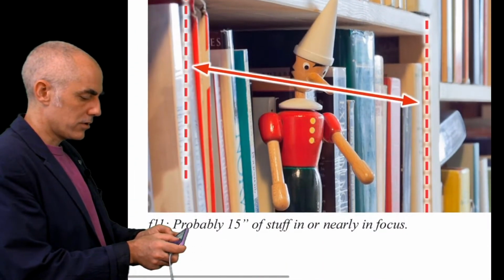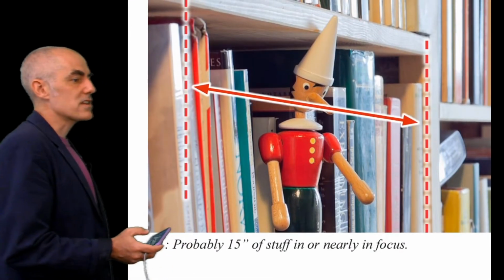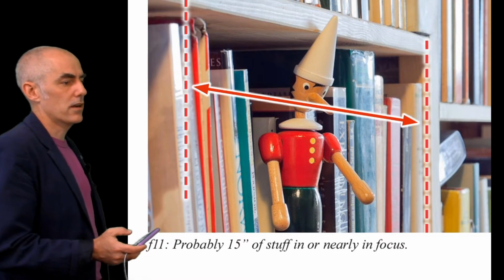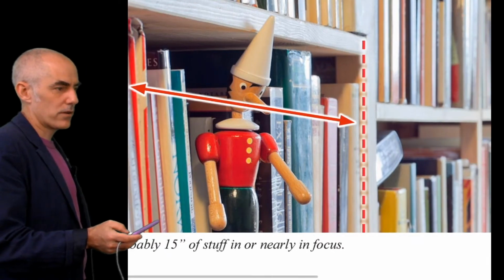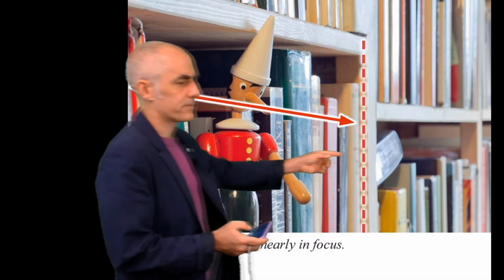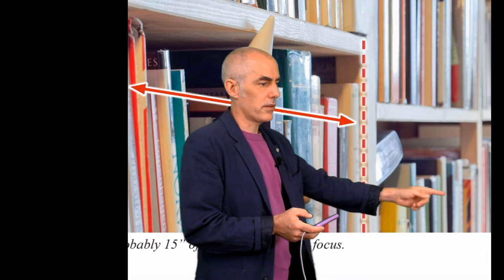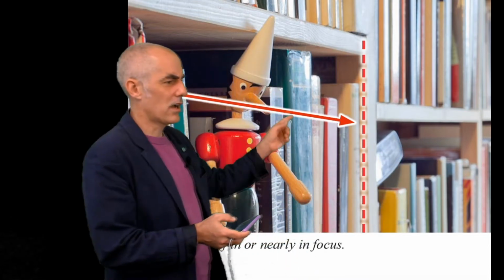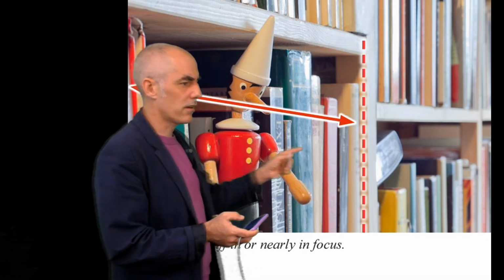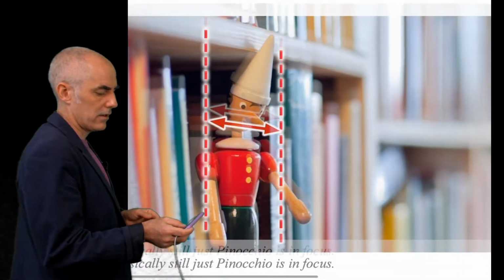If I go to f11, now I have a significantly larger amount of bookshelf in focus, and even the stuff that's out of focus I can see a lot more clearly. These are definitely books. Maybe this is a clock radio, I'm not sure. But all of these books here are super crispy and easy to see.